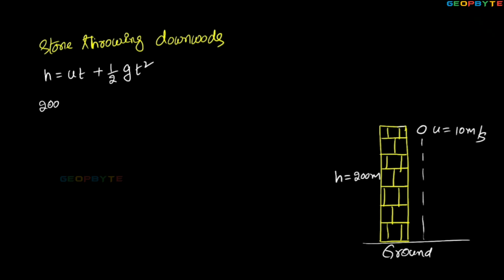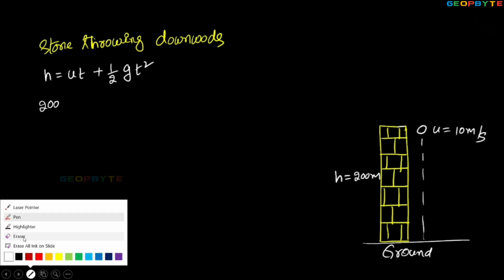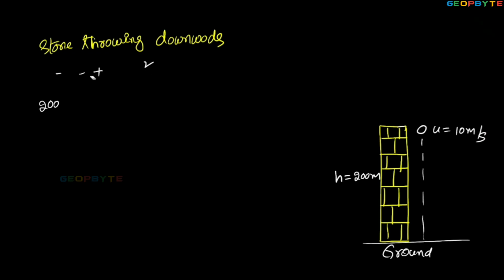Again, it is better to find the final velocity. Otherwise, h equal to ut plus half gt square.